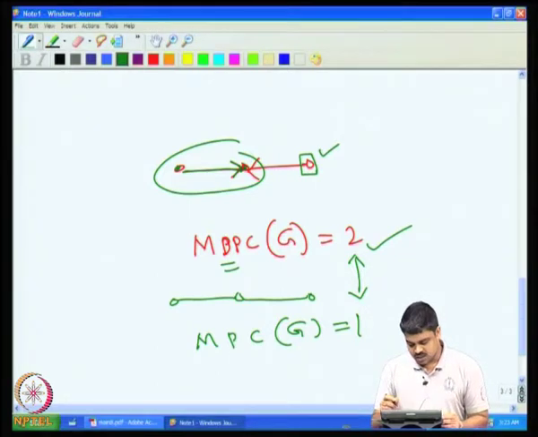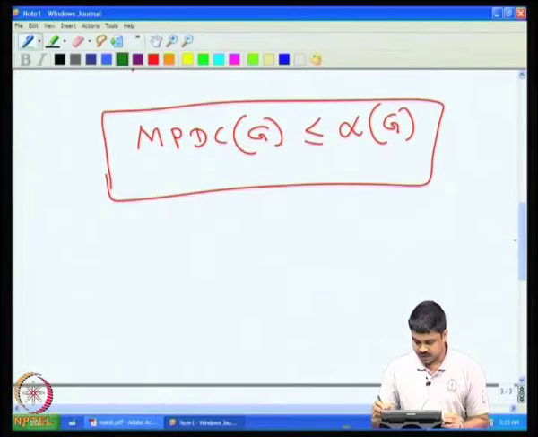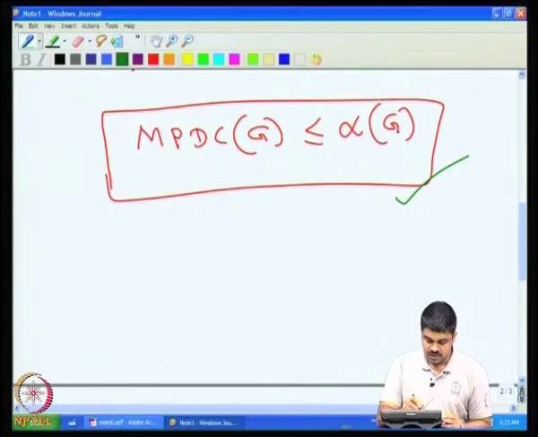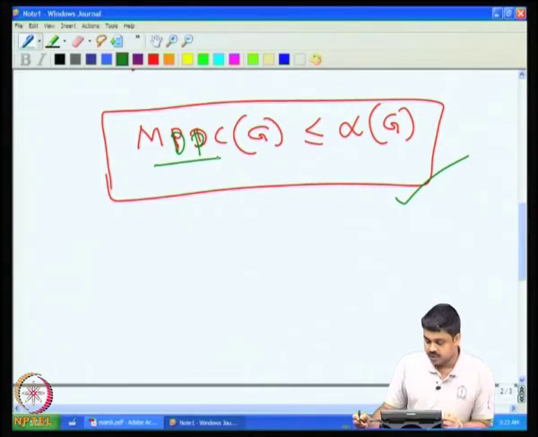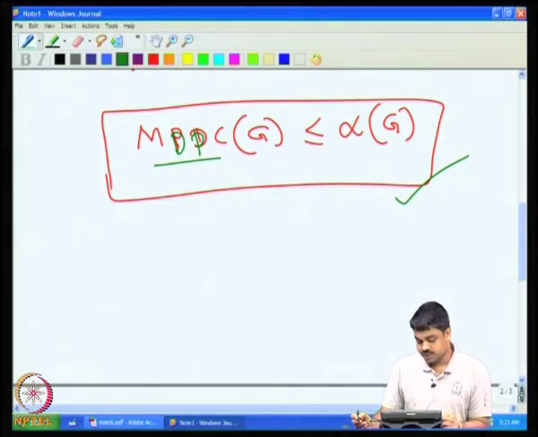But the other way is not true. For instance, a path cover in the underlying undirected graph may not convert to a directed path cover. So what we wanted to prove, as I wrote here, is that for a given directed graph, the cardinality of the minimum directed path cover is less than or equal to alpha of G. Suppose I look at the question.